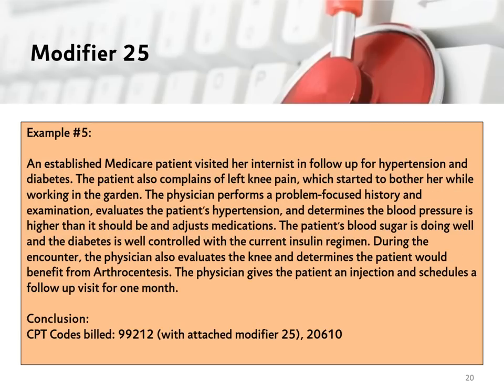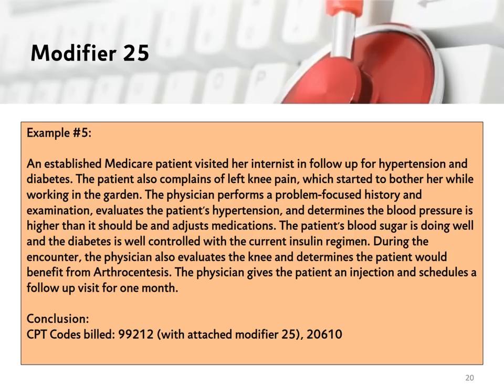Now we have another example of modifier 25. Example 5. An established patient visits her internist to follow up for her hypertension and her diabetes. The patient also complains of knee pain, so the provider did a problem-focused history, an exam, and medical decision-making.